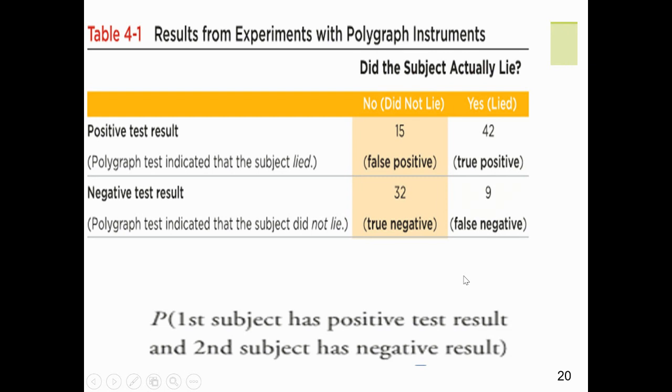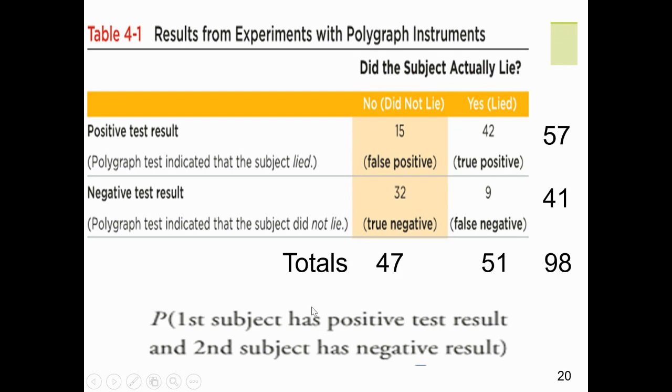This probability is favorable over total. So the first thing I'm doing is adding down and adding across. I got 47 people who did not lie. I got 51 people who lied. I have 57 people who had a positive test result. I had 41 people who had a negative test result. All I'm doing is adding horizontally and adding down vertically.